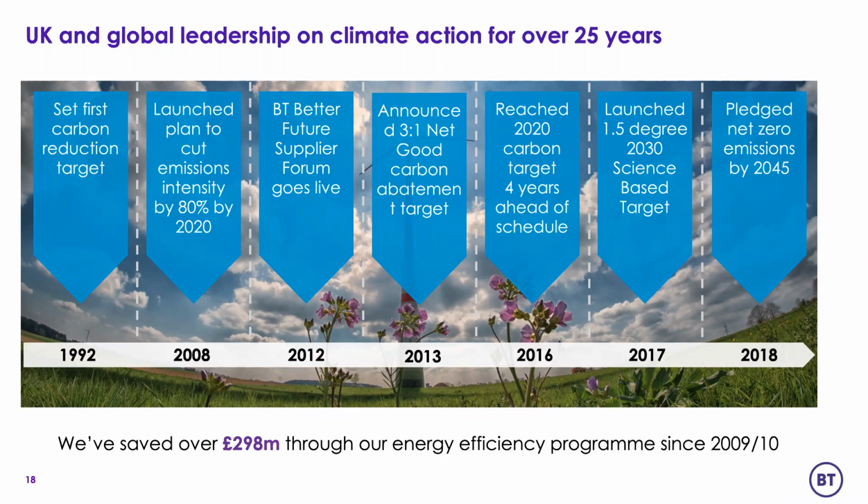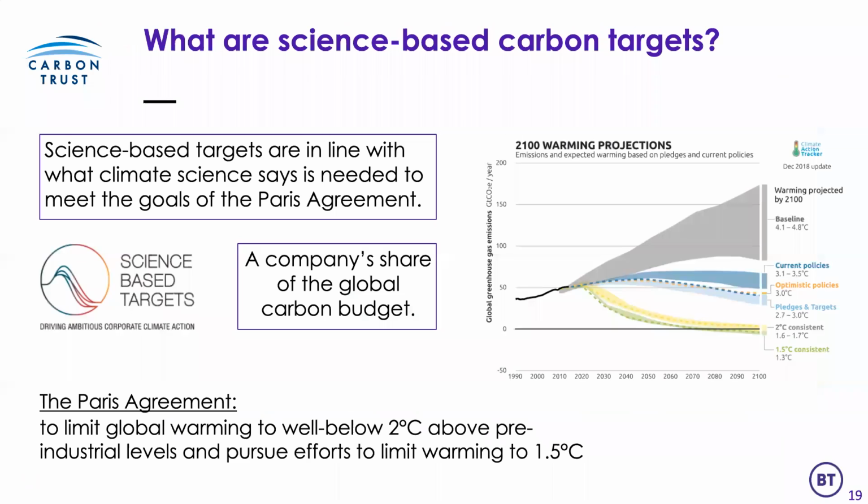So, first of all, it would be useful to just introduce what science-based targets are. A lot of you will probably be familiar with them as a principle. Very simply, they're what's in line with what the climate science says is needed to meet the Paris Agreement goals. And those are to keep global warming to well below 2 degrees above pre-industrial levels and to pursue efforts to limit warming to 1.5 degrees.